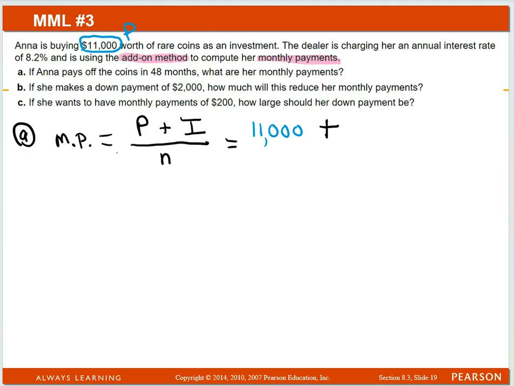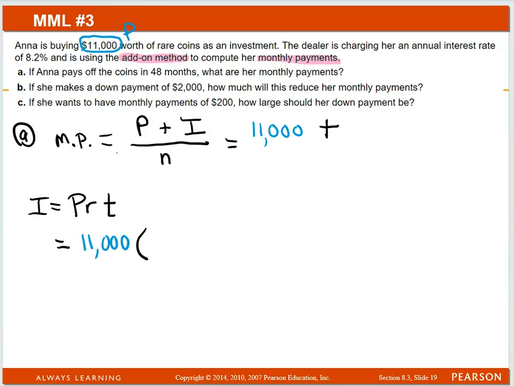So $11,000 plus the interest. Now, for the add-on method, interest is calculated by taking the principal times the rate times the time. Our principal in this problem is the $11,000.